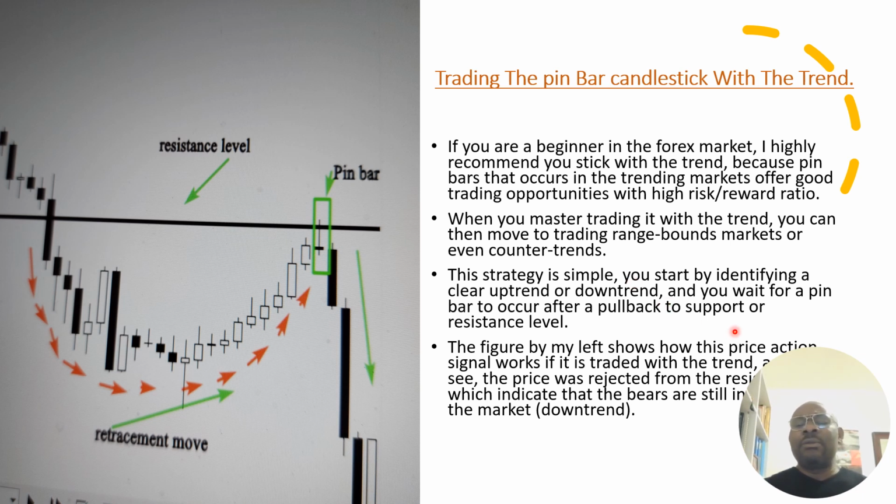For example, when price action is trending up and there is an impulsive move, by the time you see a retracement, you can place your order and trade the retracement so that you make profit again.